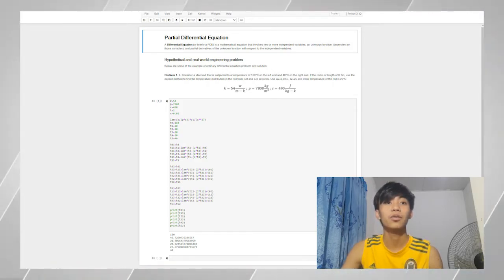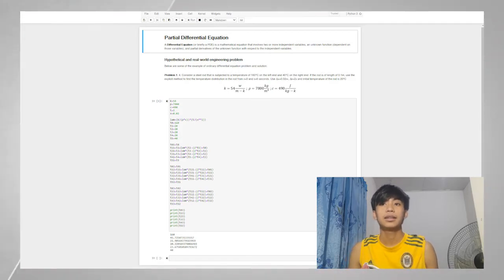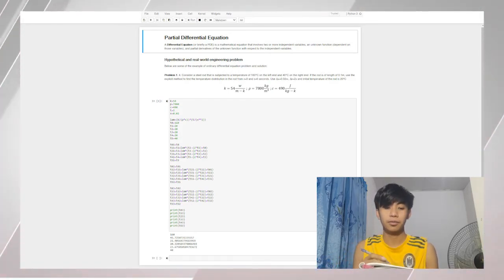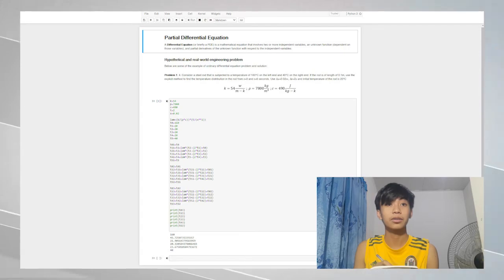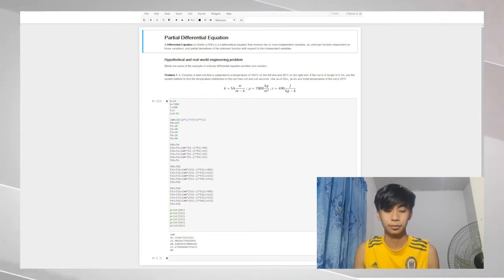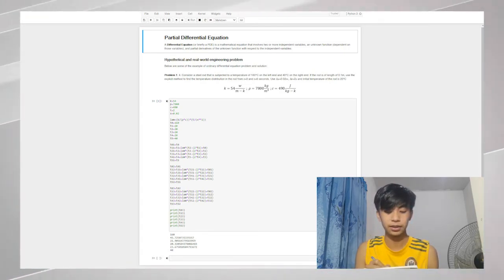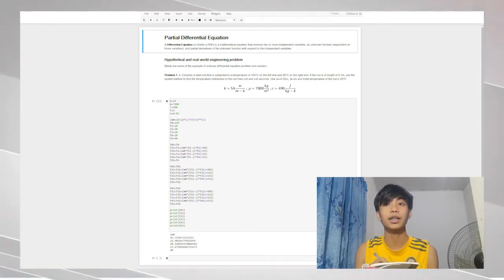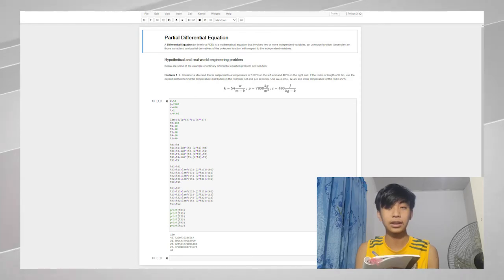O, tapos yung makukuha po natin dito hanggang dulo ay yung una po, yung sa T sub 0 po natin, syempre, raised to 2. Ayan po lagi yung boundary condition natin, which is 160 degrees Celsius. So, yung T sub 1 raised to 2 po natin is yung 38.37 degrees Celsius.